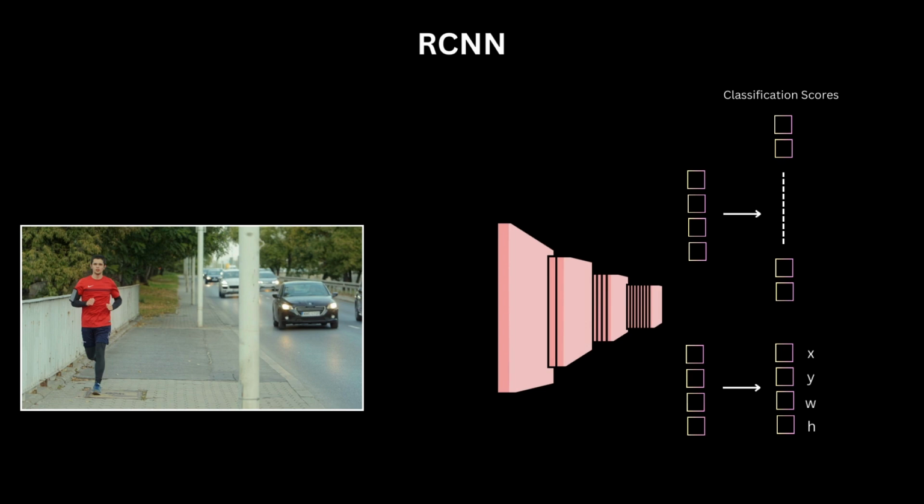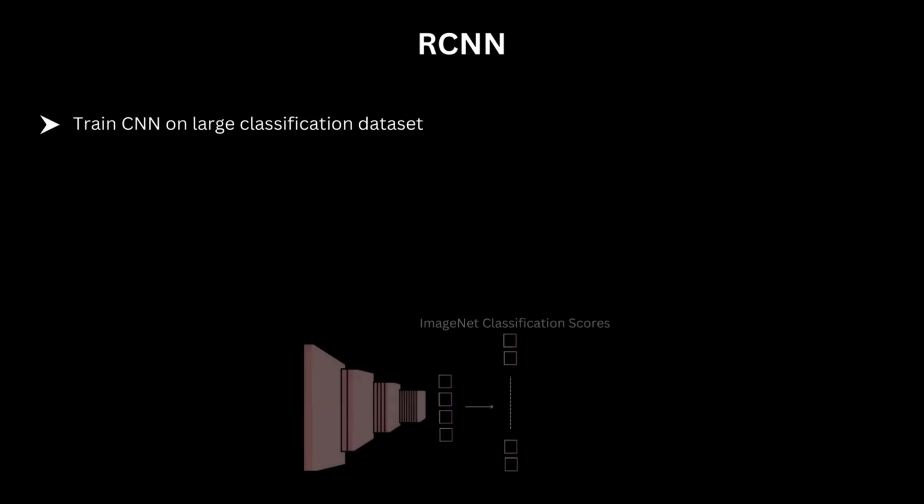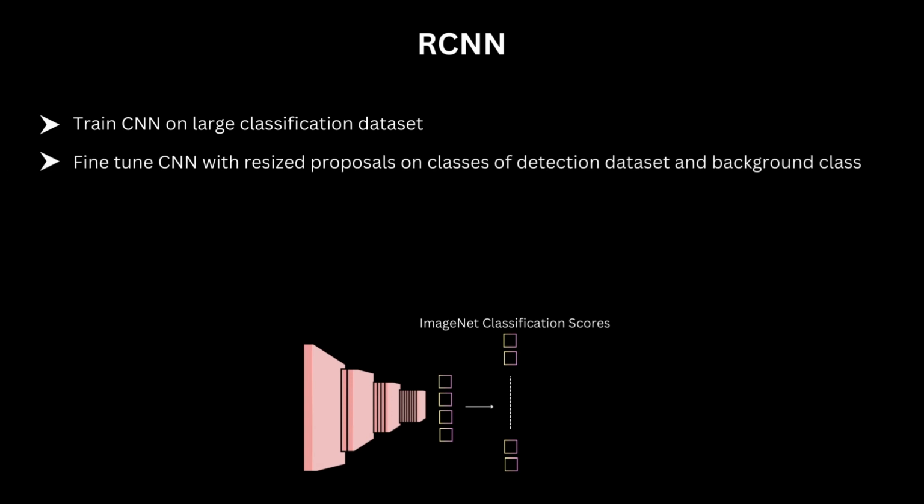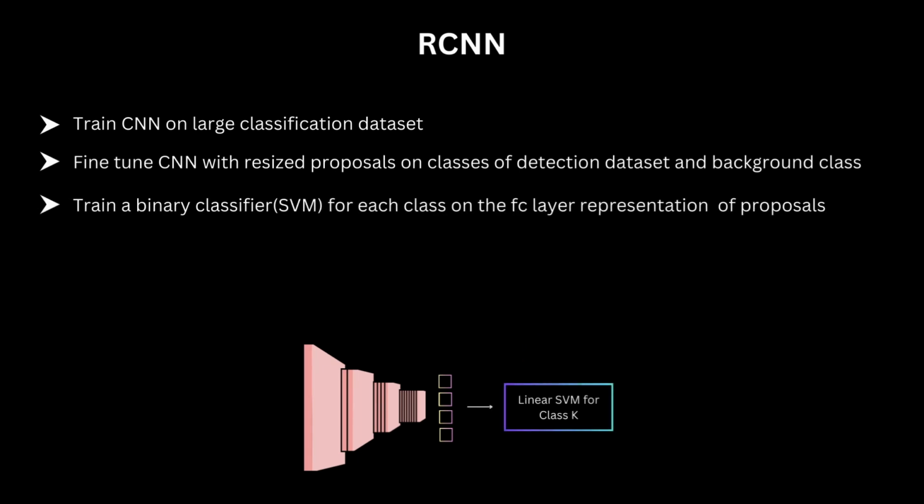And the way we trained this model was we first trained the CNN on the large ImageNet classification dataset, fine-tuned the CNN to classify proposals as background or some foreground class, then trained class-specific SVMs to use the FC layer representation of these proposals and predict if it's a positive or negative instance of that class.